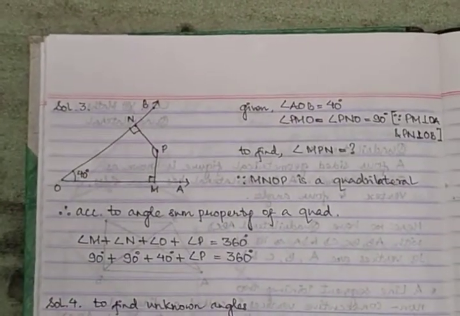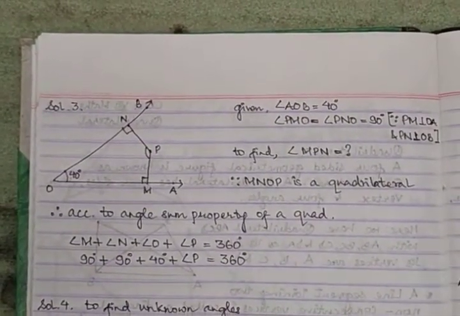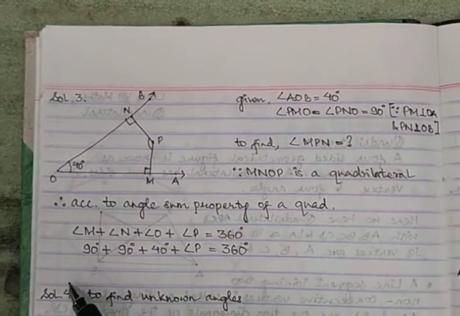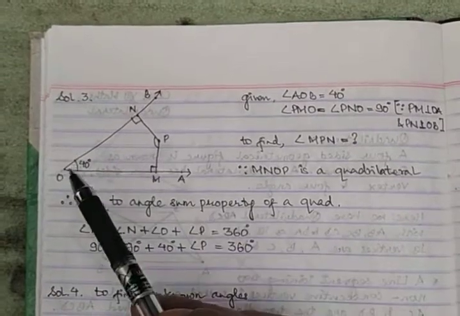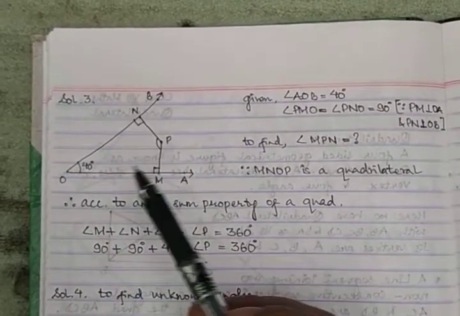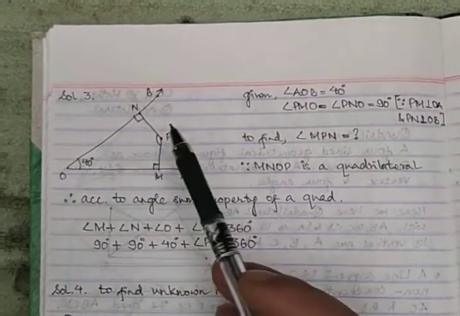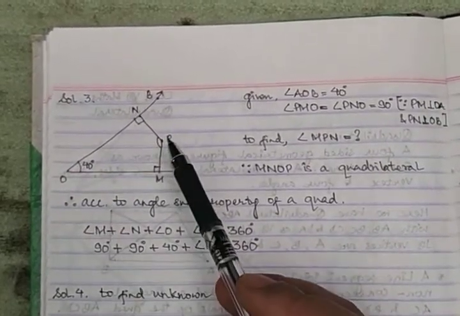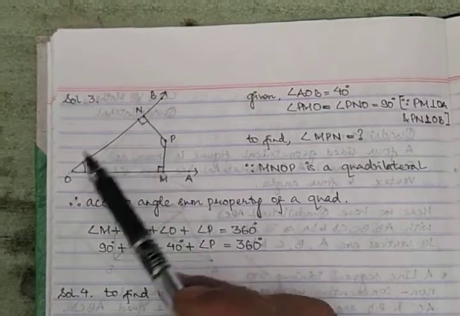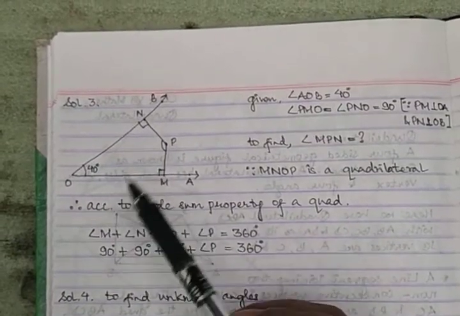Now for question number 3, we got a figure. We have two rays, and between the rays there's a quadrilateral as well. A four-sided figure. The sides are OM, MP, PN and NO. It's a quadrilateral actually.